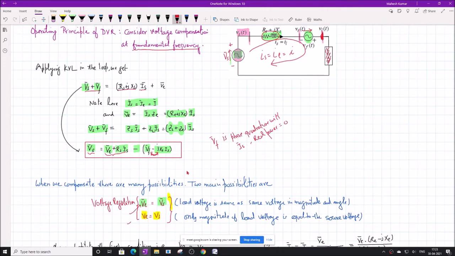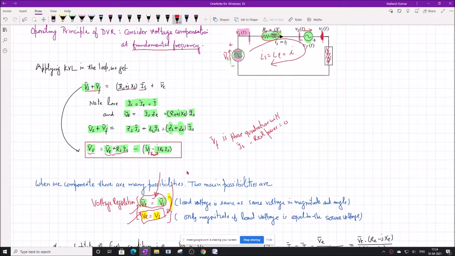This condition is easy to realize. Why is it so? Because in this condition there are two requirements: the magnitude has to be the same and the phase angle has to be the same. But in this condition, only the magnitude has to be the same. So obviously there are more constraints in this as compared to this, and therefore the control is very specific and restricted for this particular control.